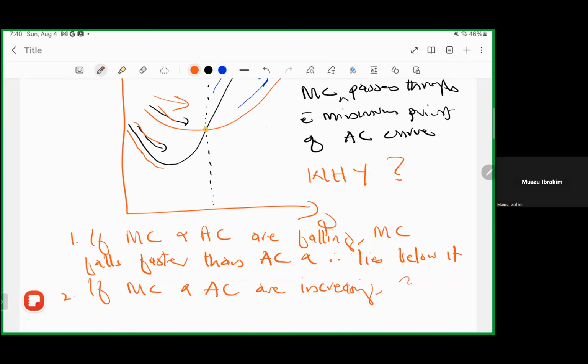If they are both rising or increasing, marginal cost increases faster than average cost, and therefore lies above it.